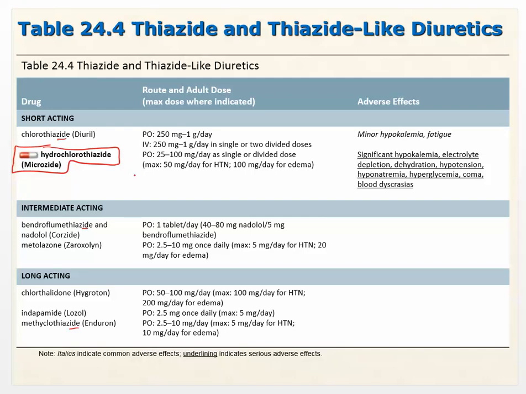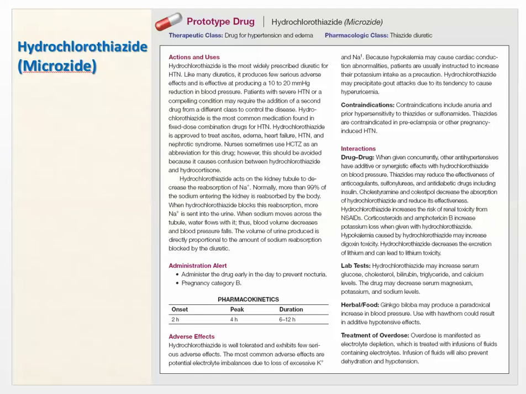So hydrochlorothiazide, Microzide. Adverse effects: minor hypokalemia, yes. Significant hypokalemia or more significant adverse effects: dehydration. It's kind of the same things. Hyperglycemia, coma. So that can really progress to that. This is your prototype drug, so make sure you look at this and go over this. I'm not going to read this to you, but you do have to know that.